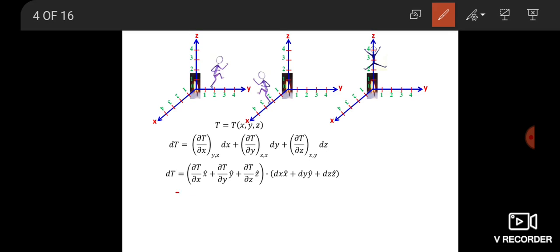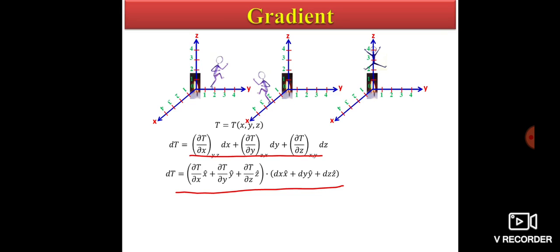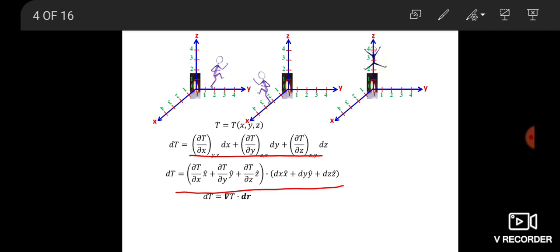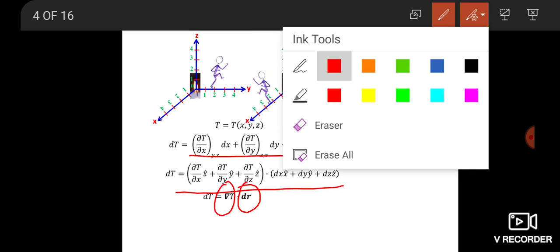That means this line and this line are the same, as we have seen in our last lecture about the algebraic form of dot product. Now we write dT in this manner. So let's see how to write dT. dT is equal to some symbol associated with temperature dot dr vector, right? I will explain each and every term one by one.